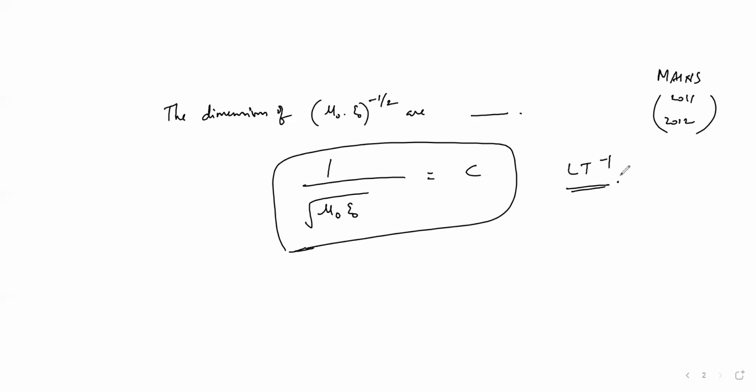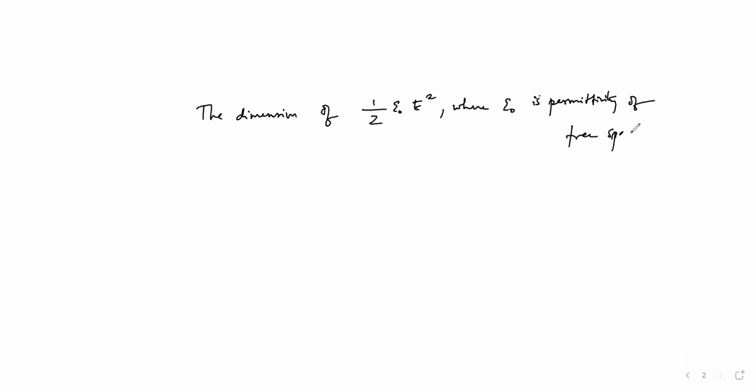Next question. The dimension of half epsilon naught E square, where epsilon naught is permittivity of free space and E is electric field. I think just a few minutes back I told about this half epsilon naught E square. Can you tell the dimension?